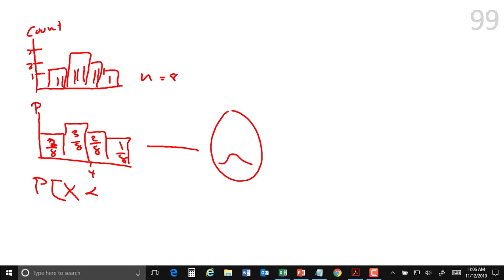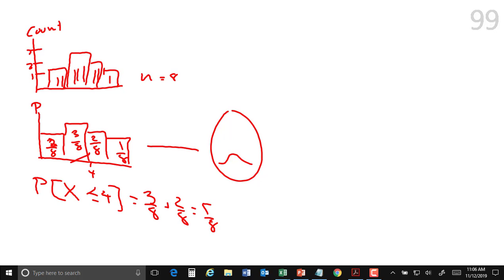So if I want to estimate the probability that X is less than or equal to 4, from our histogram, what would it be? It's 3/8 plus 2/8, which is 5/8.